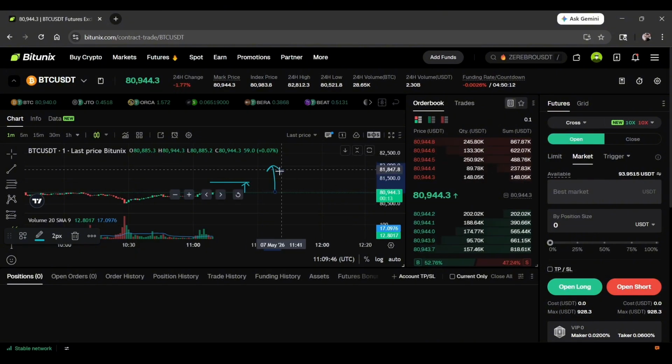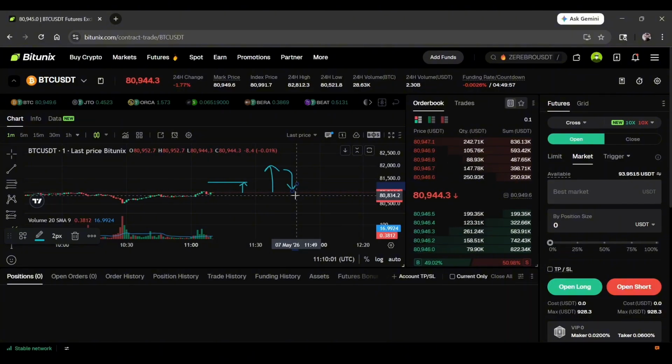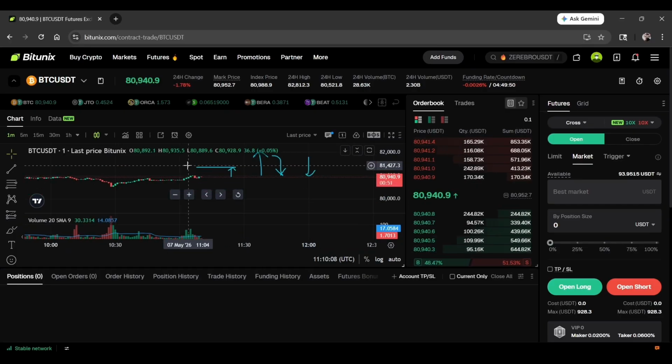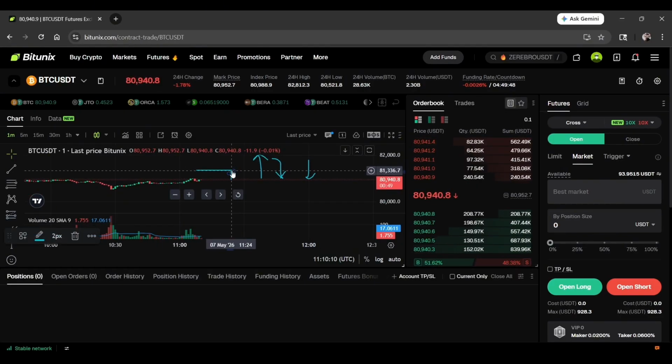So there is some incentive to reduce the buy pressure and also increase the sell pressure. So if we reduce buy pressure and increase sell pressure, then it's going to drive the price down. And the same goes in the opposite direction too.